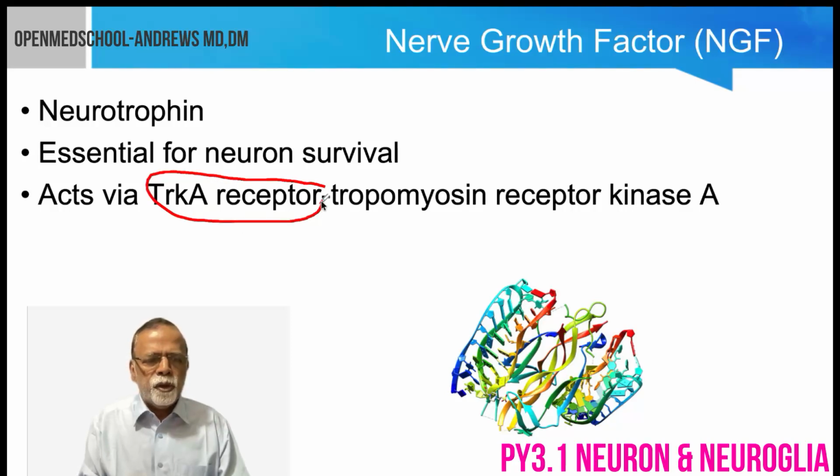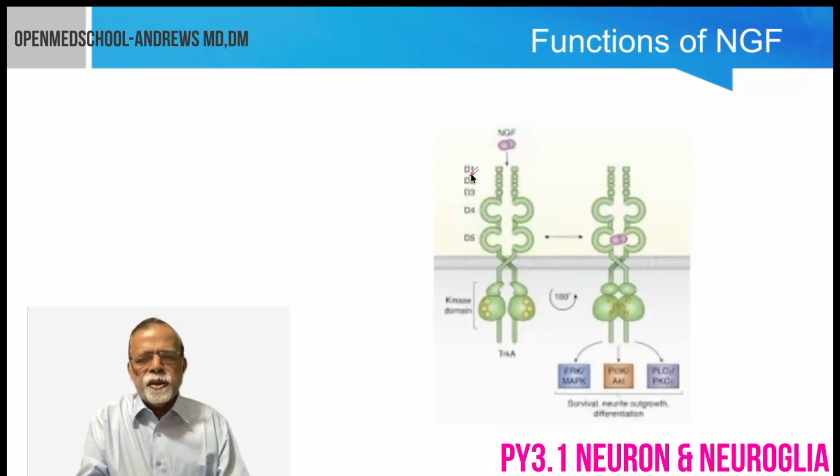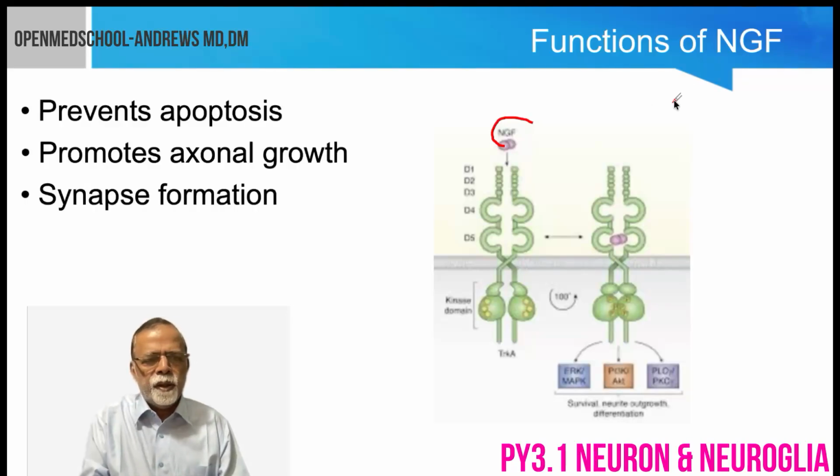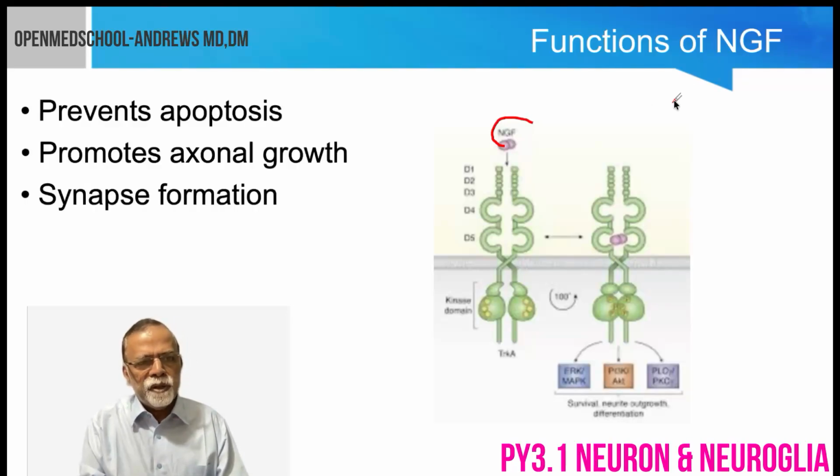So neurotrophin is one of the major nerve growth factors which is essential and it acts through the TRKA receptor, tropomyosin receptor kinase A. So this is the picture of the receptor where the nerve growth factor acts. Details we'll study later. So the functions are, it prevents apoptosis, promotes axonal growth, synapse formation, etc.